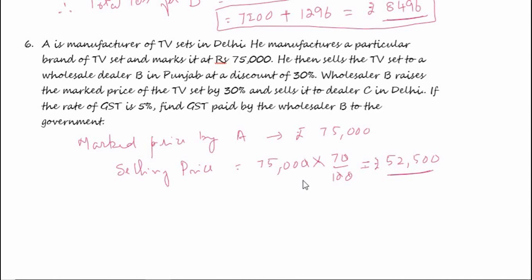Wholesaler B now raises the mark price of the TV set by 30%. Now I will write here as new mark price. New mark price is 75,000 plus 30% of 75,000.